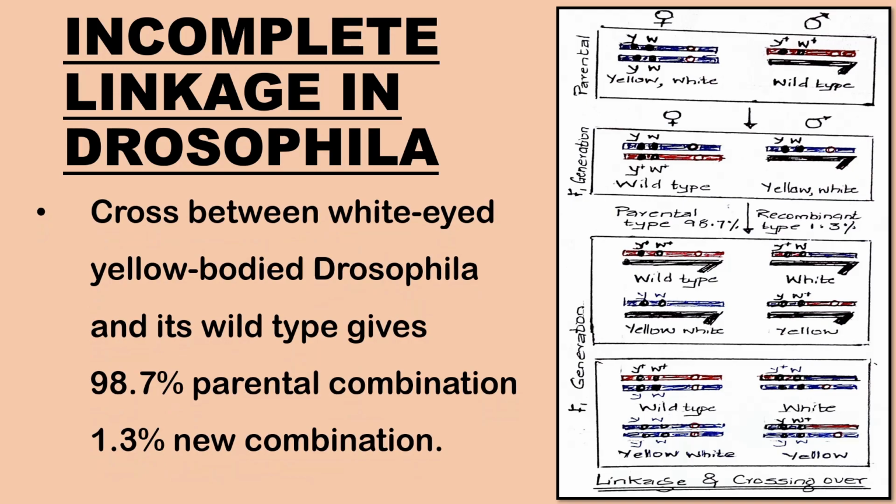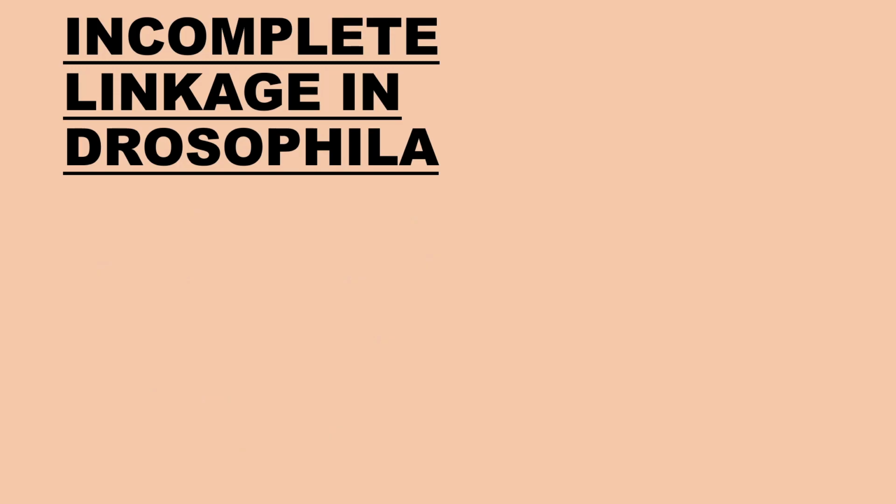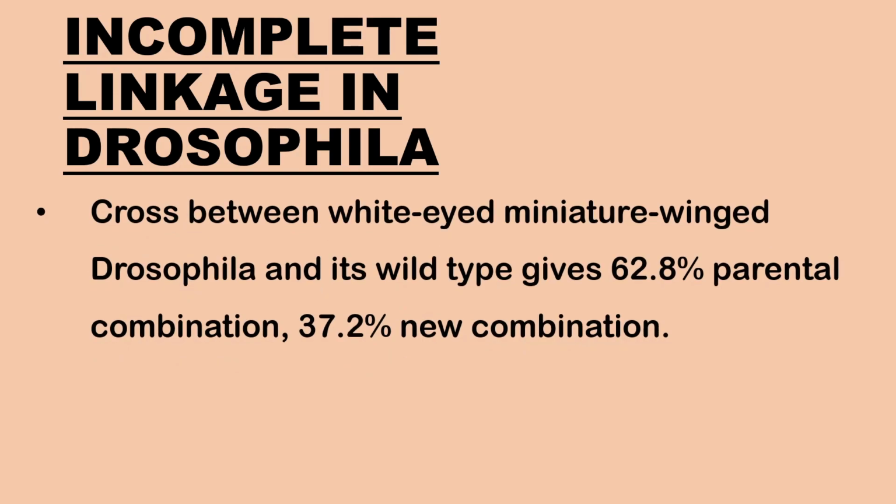When white-eyed yellow-bodied Drosophila was crossed with its wild type, 98.7% parental type combination and 1.3% recombination type were obtained. Percentage of parental combination was 62.8% when white-eyed miniature winged Drosophila was crossed with its wild type.